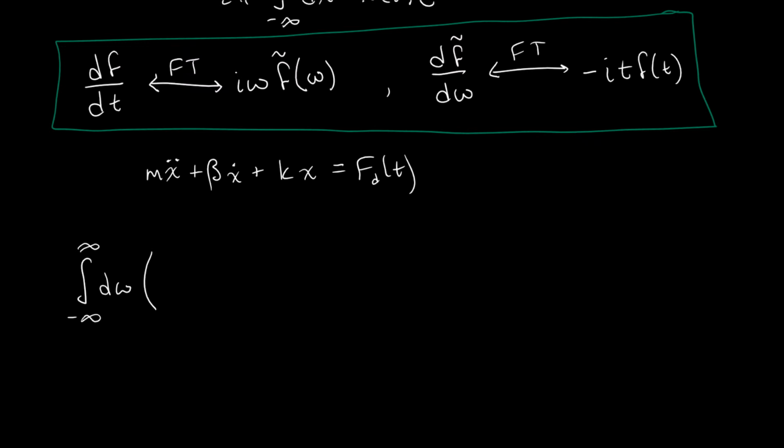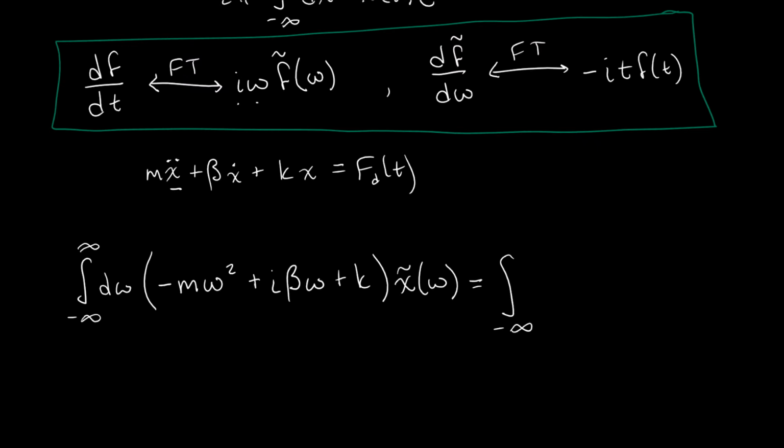I'm writing all of these x of t's in as these integrals instead. And what I find is minus m omega squared, because I get two derivatives here, so I get an i squared times omega squared, plus i beta omega, and then plus k, times x tilde of omega, and that is equal to this guy here.